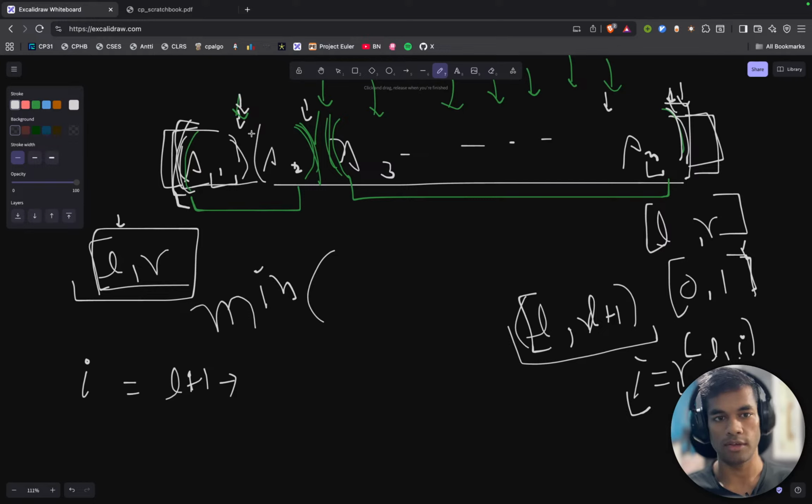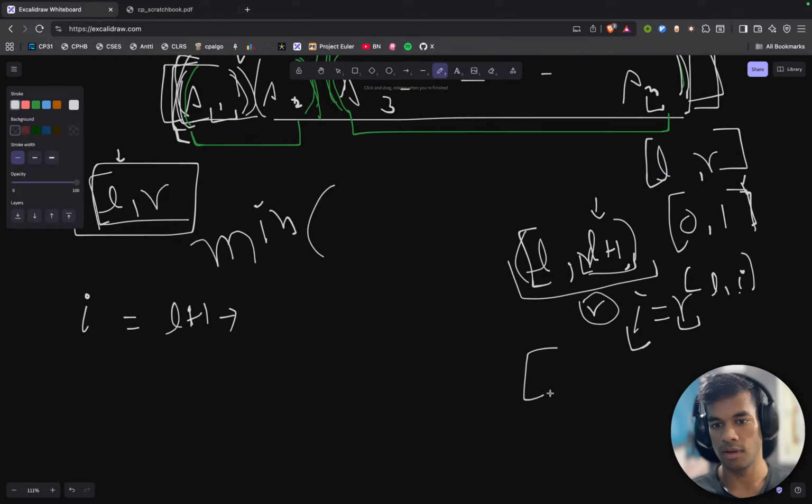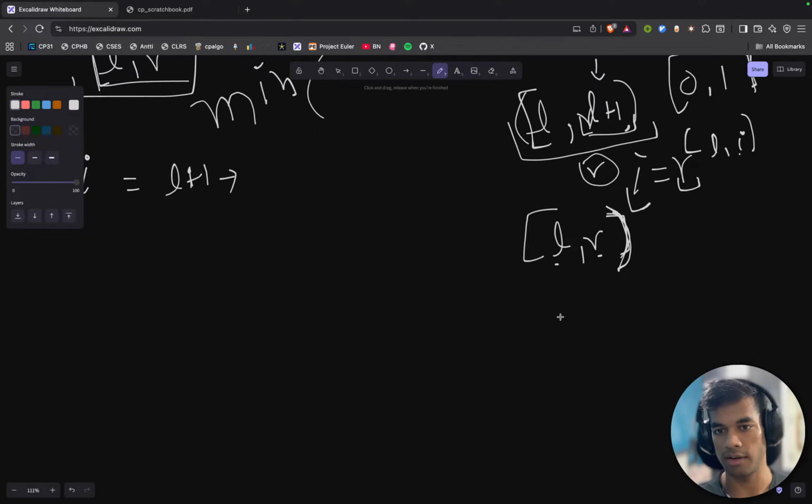We will only consider matrix 1, and we will keep increasing this part till it gets up to R, in which case we will have the range from L till R, where L is inclusive but R is not inclusive.